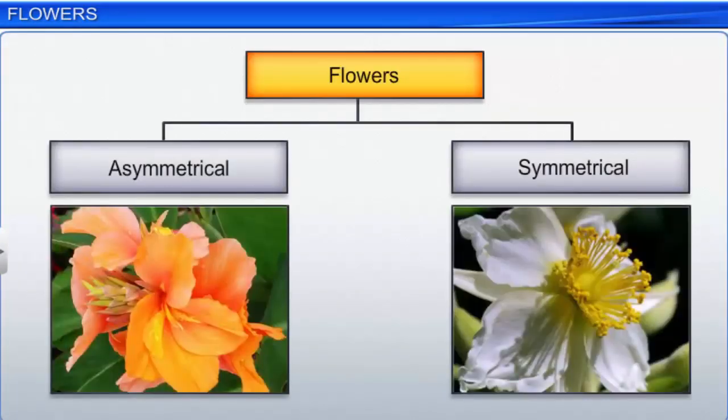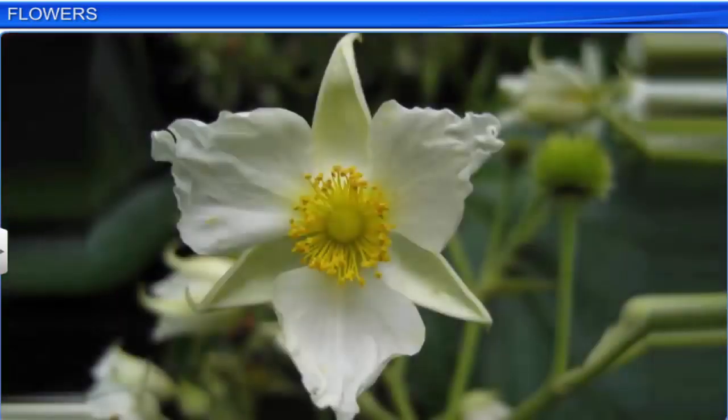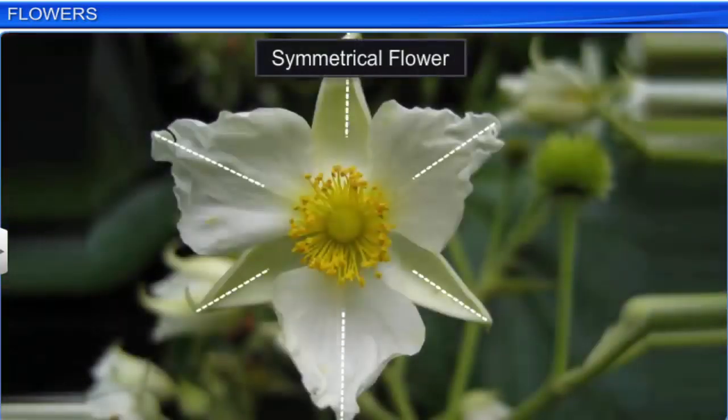Flowers can also be either asymmetrical or symmetrical based on the arrangement of floral parts around the thalamus. An asymmetrical flower cannot be divided into two similar halves by any vertical plane that passes through its center, while a symmetrical flower can be divided into similar halves.